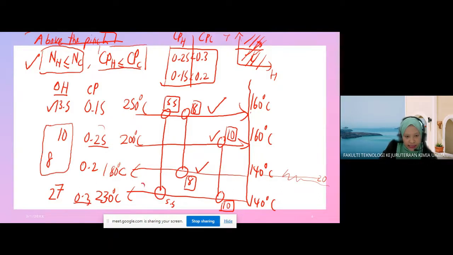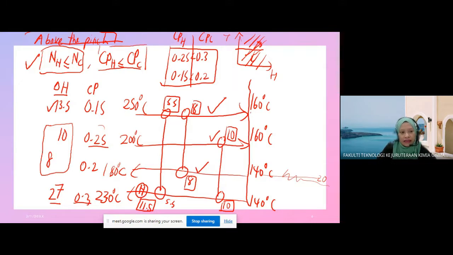So for the other 11.5, you need to add the heater, because this is a cold stream that requires heating. So this is 11.5 megawatt. 11.5 plus 5.5 plus 10, you get 27.